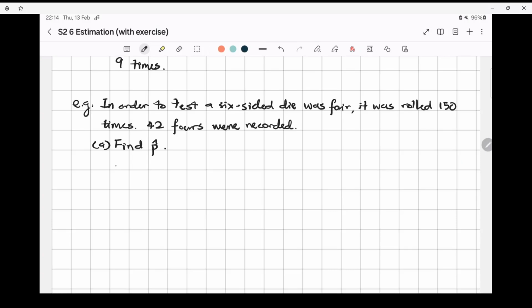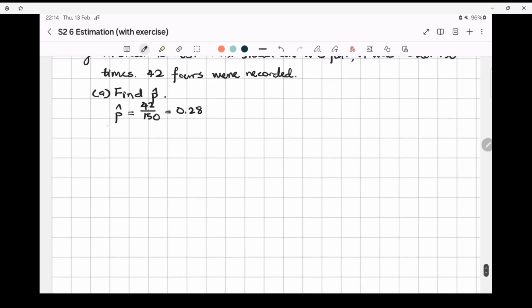So this is simple. P hat definitely is just 42 divided by 150. So this is 0.28. So question B. What would you expect the proportion to be so that the die is fair?